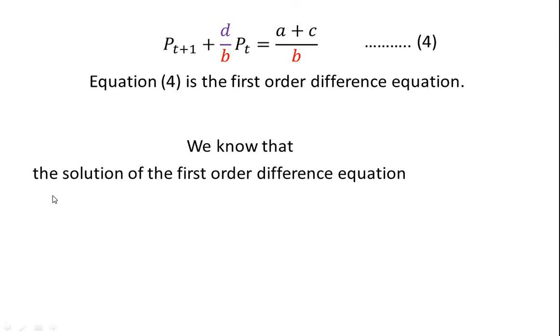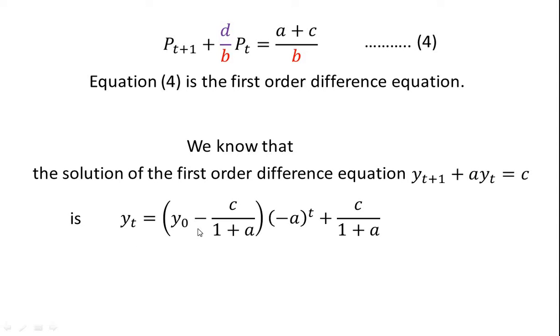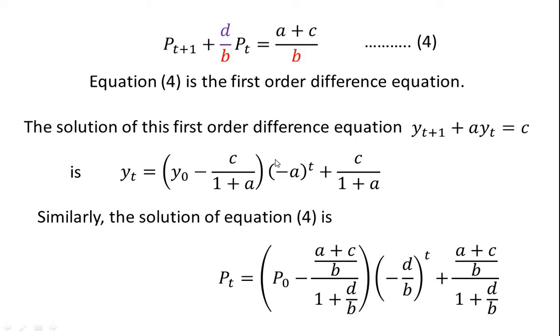We know that the solution of the first order equation yt plus 1 plus a into yt equal to c is yt equal to y naught minus c divided by 1 plus a, into minus a whole to the power t, plus c divided by 1 plus a. This is the general solution of this first order difference equation.